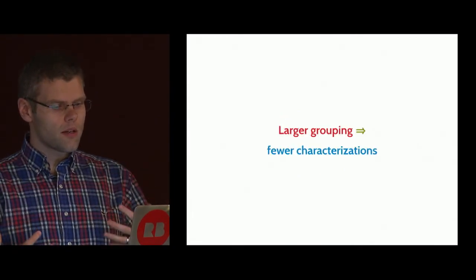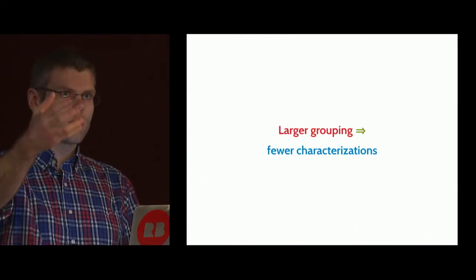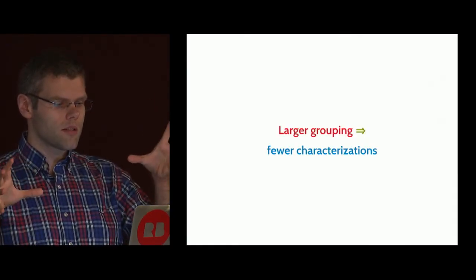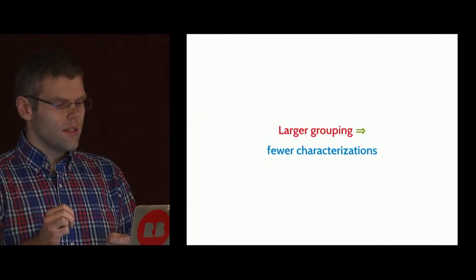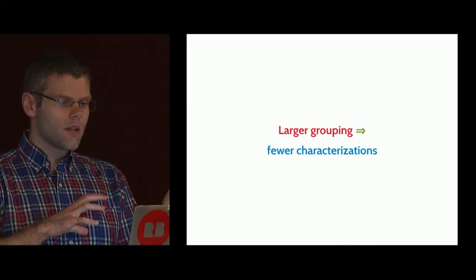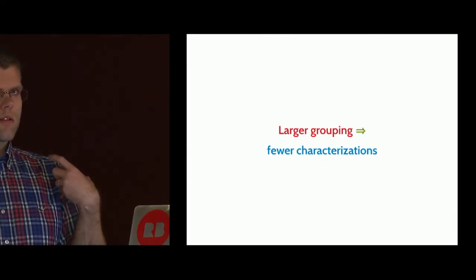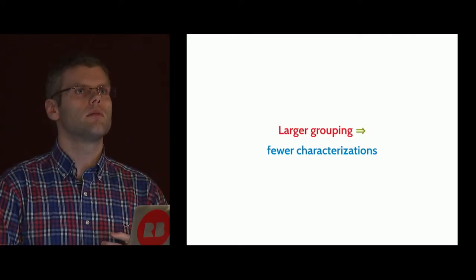The important thing here is that as we go from smaller concrete groupings to larger ones, we get strictly more objects, right? That is, the set is more capable. But the number of possible characterizations of that set gets smaller. That is, we can sort of reason less about that set.